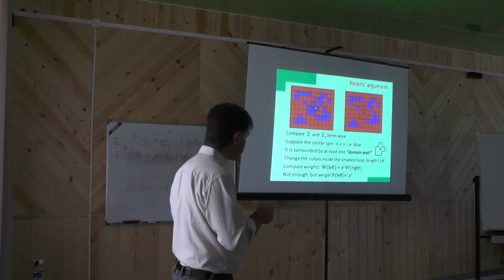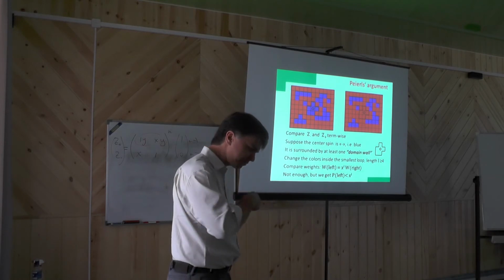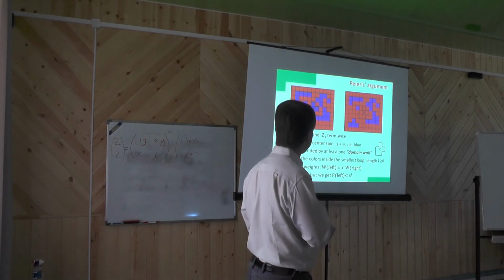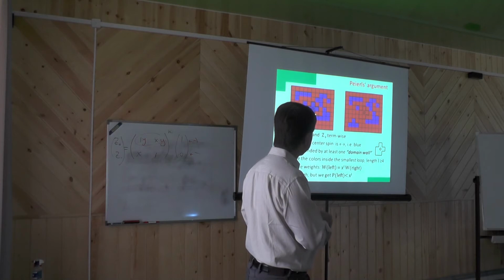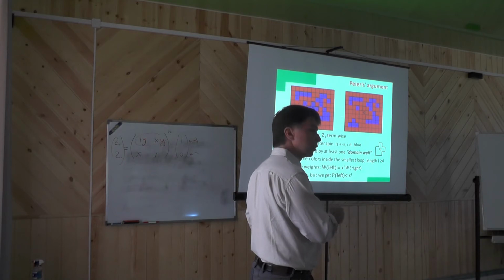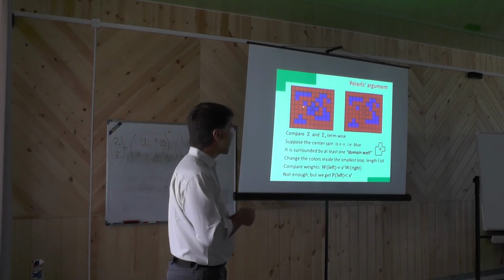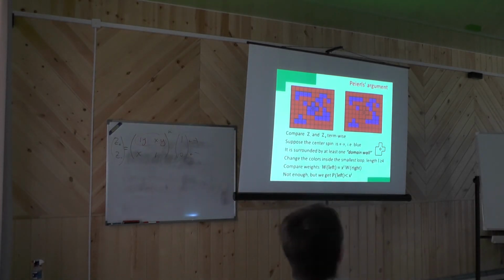If the middle is blue, it's surrounded by at least one domain wall. Actually, it will be surrounded by an odd number of domain walls. In this picture it's 1, but it might be 7 or 9. So let's take the smallest one, which has this shape, and flip the colors inside it. Let's compare the weights of these two pictures. The two pictures are essentially the same, except for this domain wall in the middle.